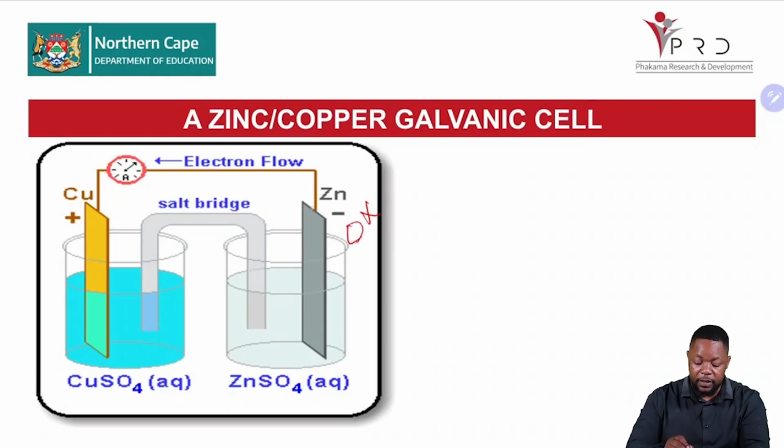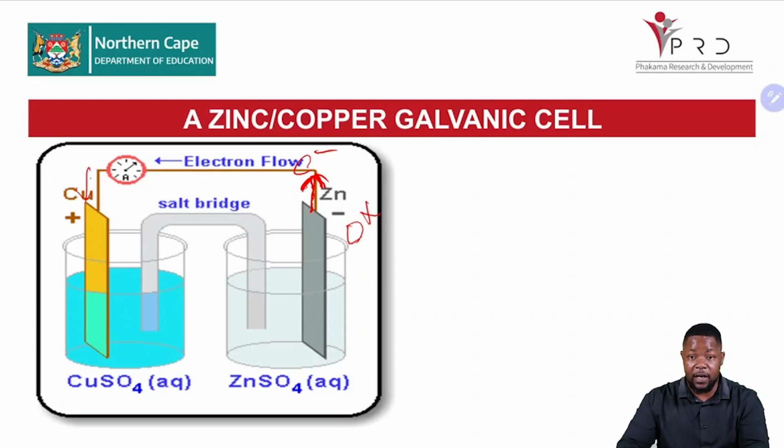Zinc is going to lose electrons, and those electrons will move through the external circuit into the cathode. So in the external circuit, electrons are moving from the anode to the cathode.